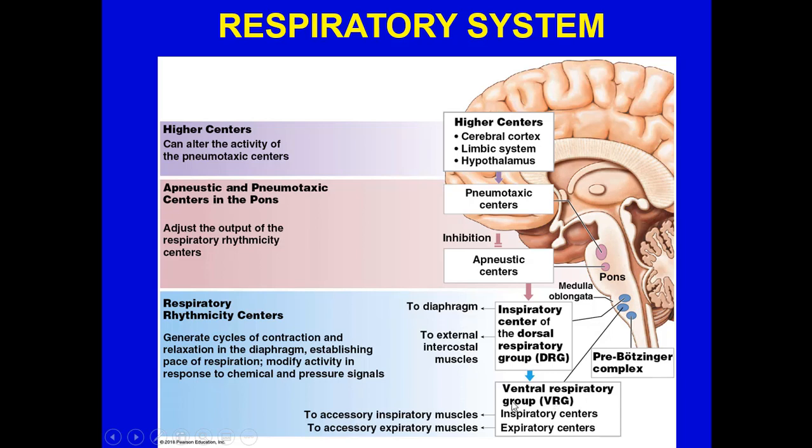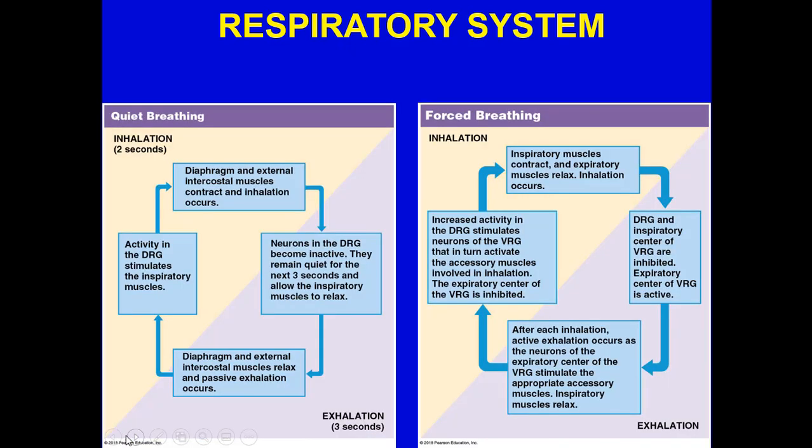Okay? Basically, the VRG acts on the accessory inspiratory muscles and the accessory expiratory muscles. So VRG plays a role in both the inspiratory and the expiratory centers. In quiet breathing, look, that's about 2 seconds, maybe 5 seconds total.